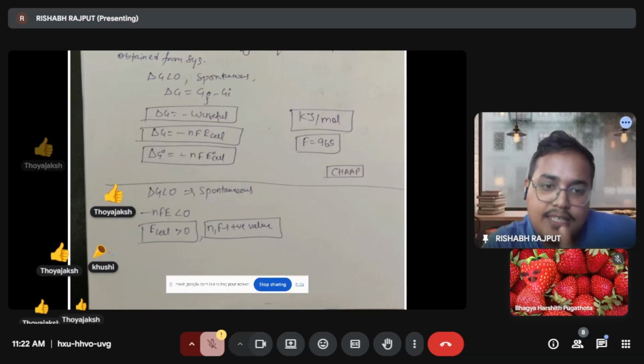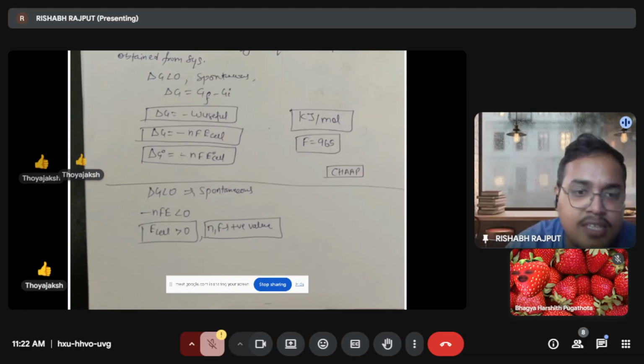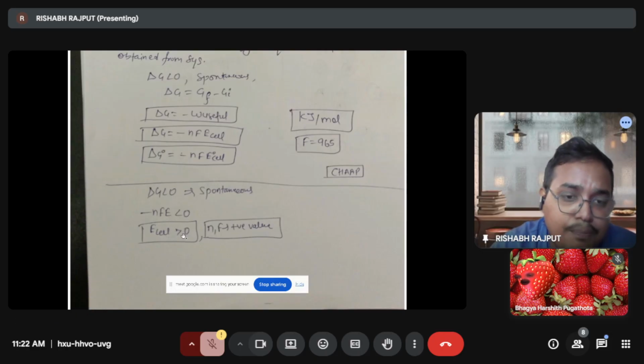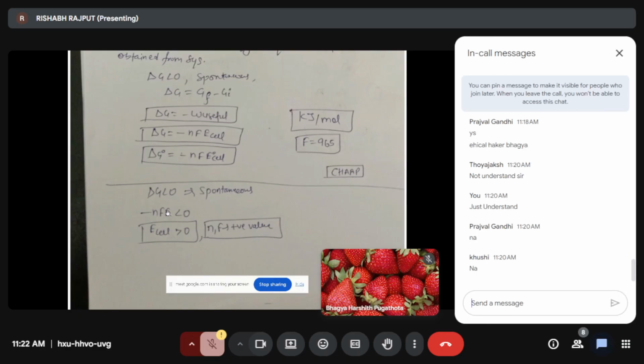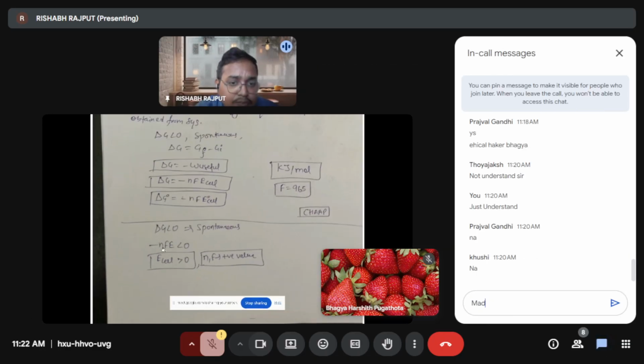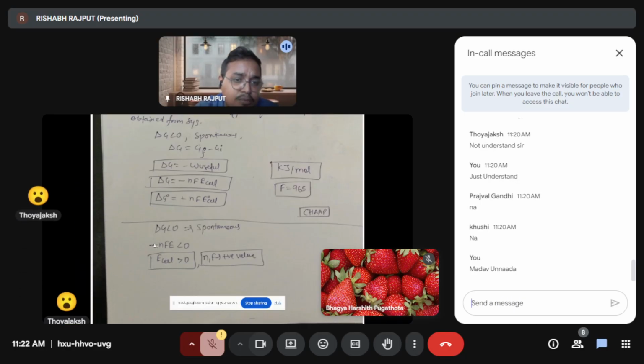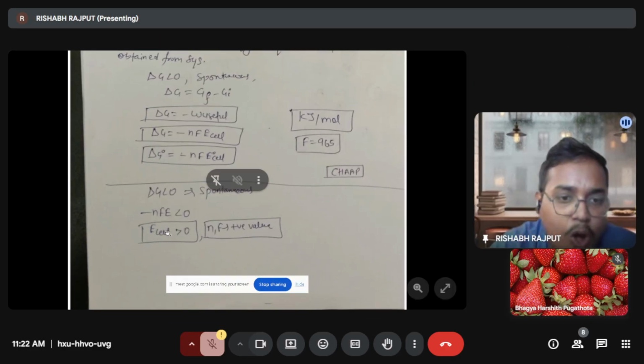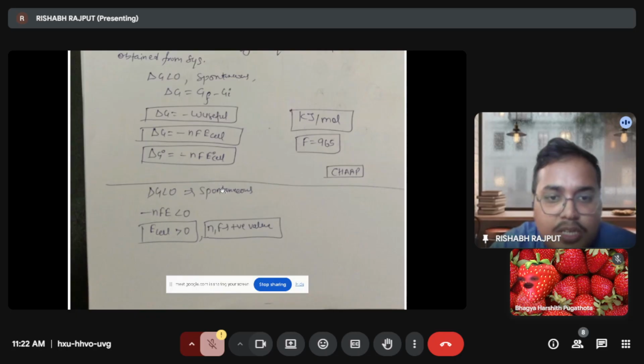If the E cell value becomes positive, what happens? Your overall delta G value comes out negative. Why? Because nF is positive and E cell is positive, so with the minus sign the overall value is negative. That means your process is spontaneous.